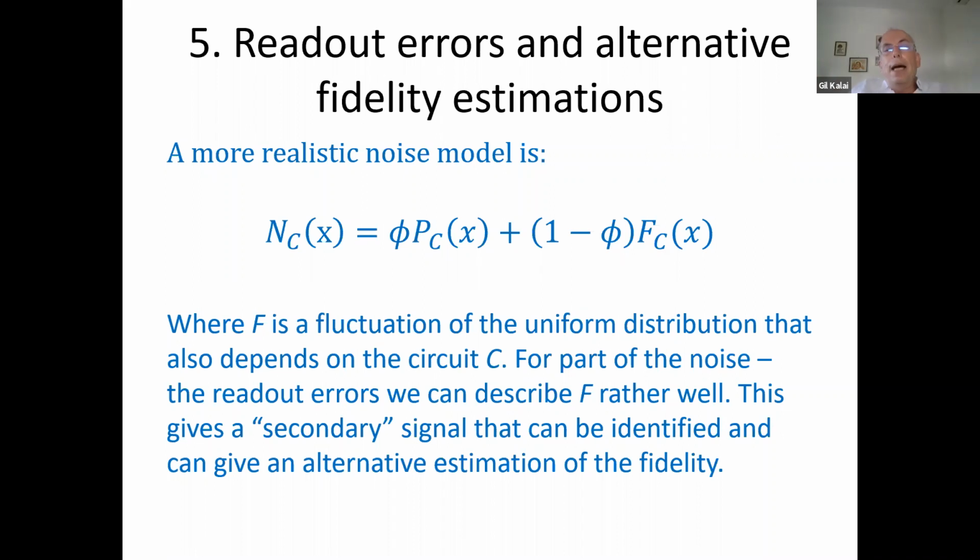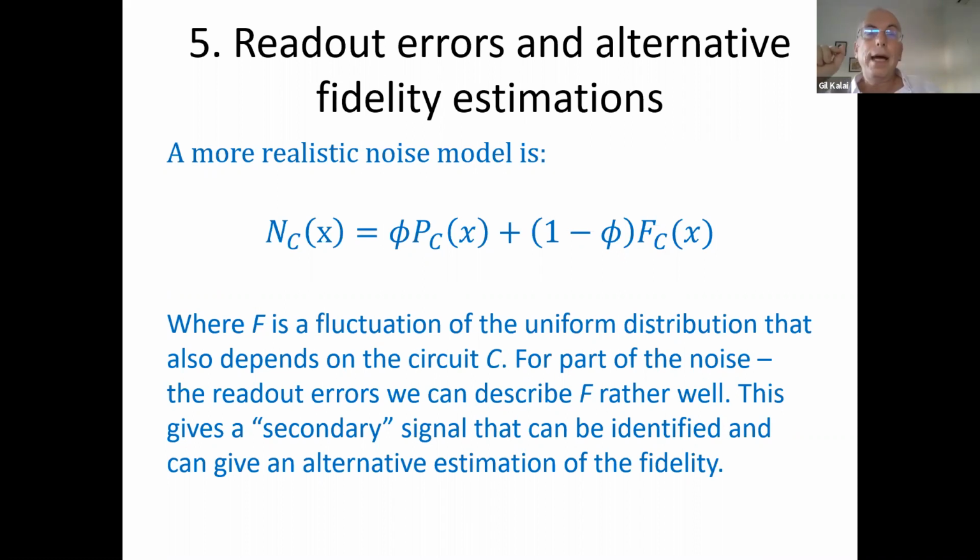It's fairly unrealistic to think that the effect of the noise is a mixture between the ideal distribution and the uniform distribution. You can see that if you take a mixture between the ideal distribution and the uniform distribution, essentially you don't lose any information.